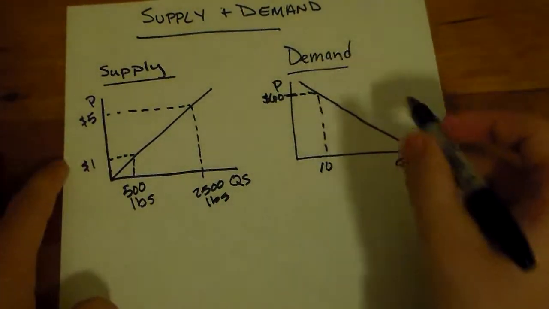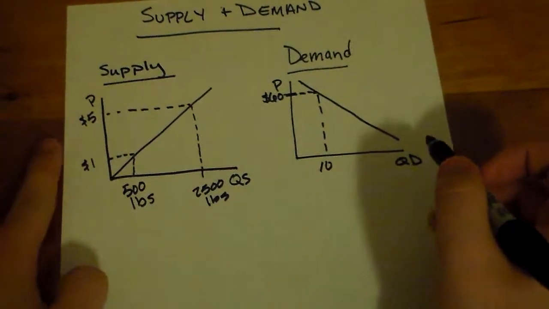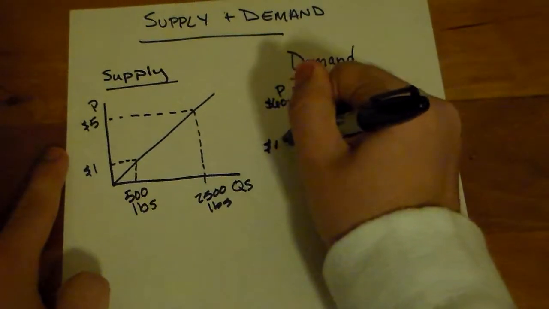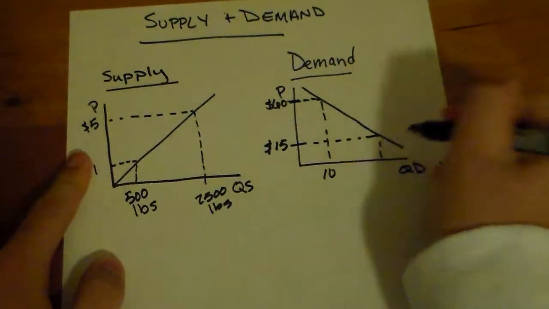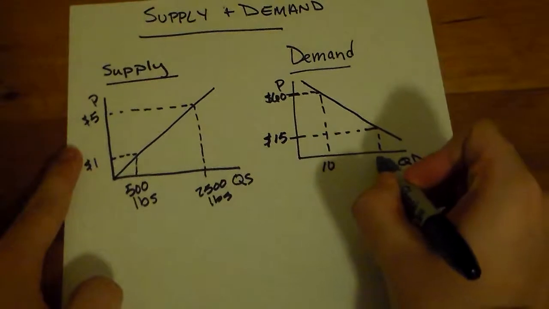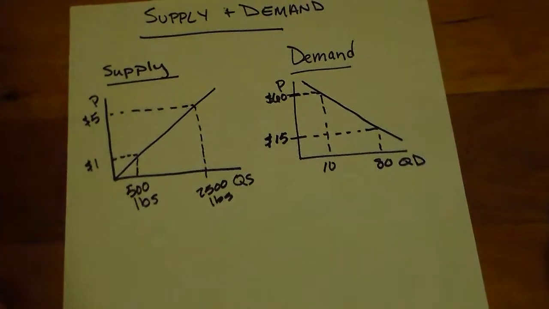But if they were to take the price down to, let's say, $15, maybe they would be able to sell 80 games at that price.